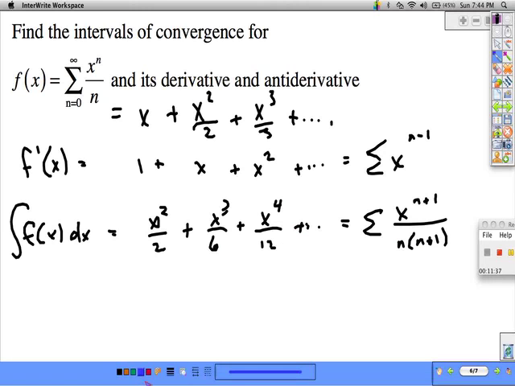So now I want to check convergence for all of these. And I'll start with our original function.